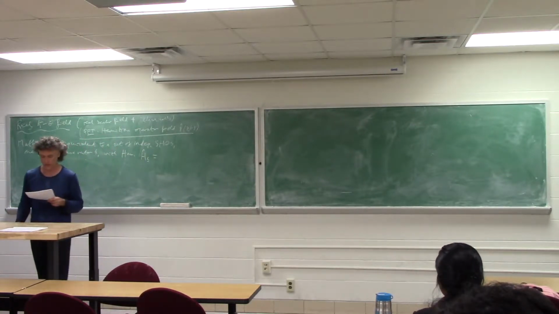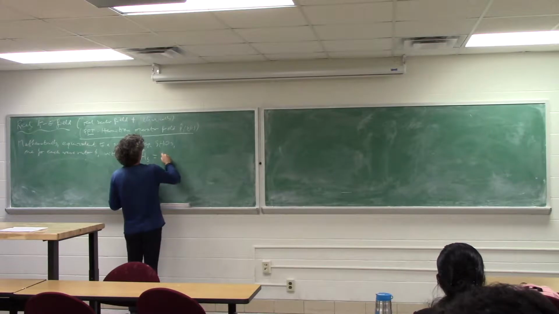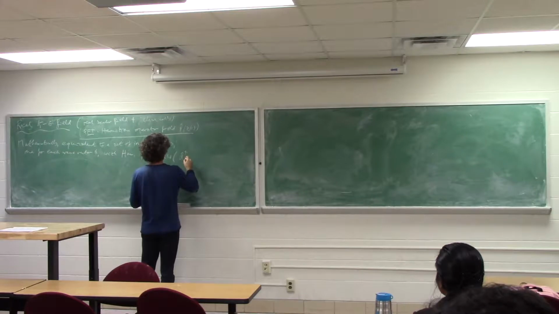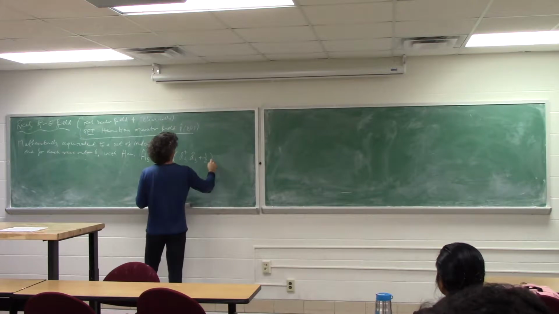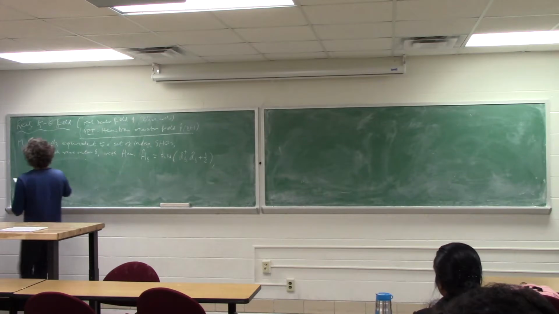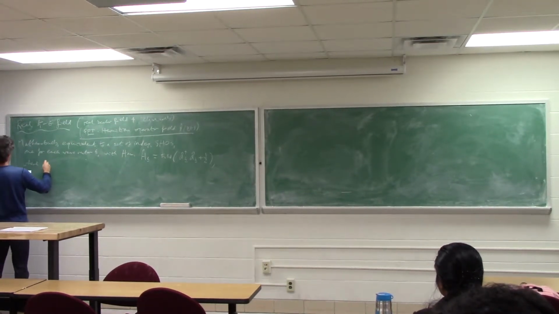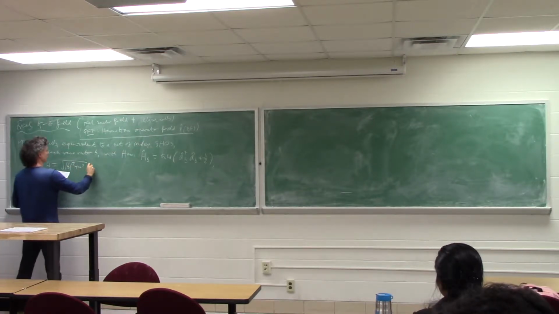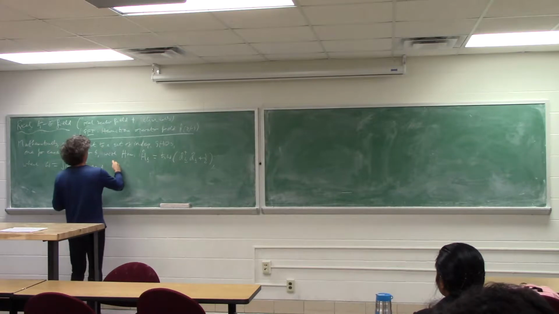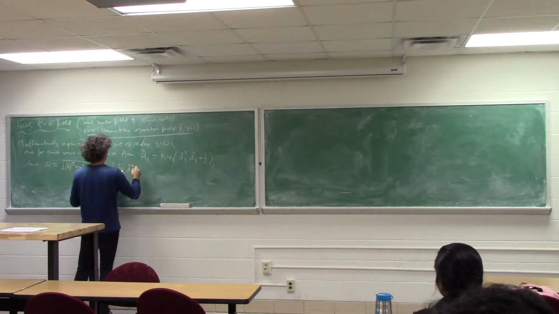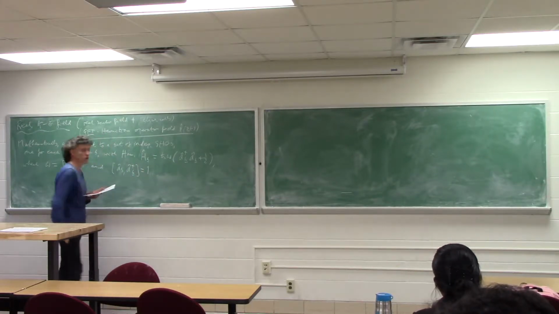So for the kth mode, the Hamiltonian is h bar omega a dagger k, a k plus a half, where omega is the square root of mod k squared plus m squared, and we have the commutation relation for these quantities a and a dagger.